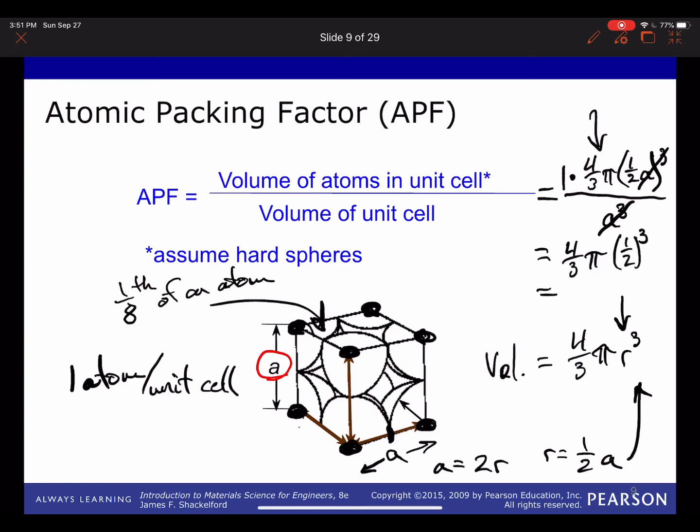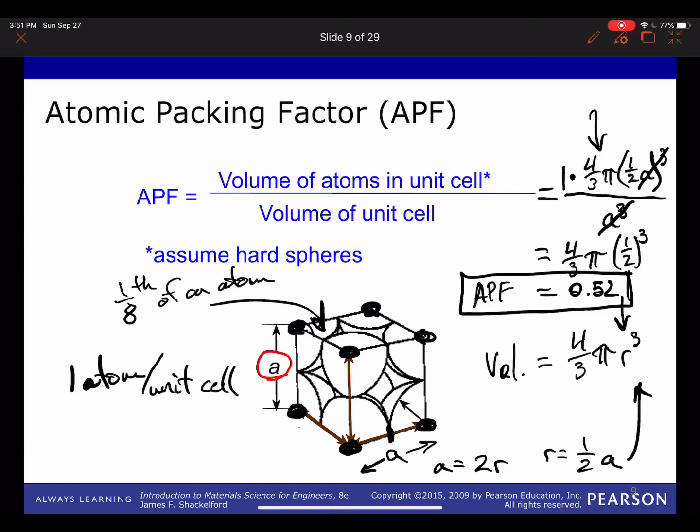And if you complete the calculation, you'll find that the atomic packing factor here is 0.52. Okay, so the simple cubic cell has only filled space with about 52% efficiency, if you consider it that way.